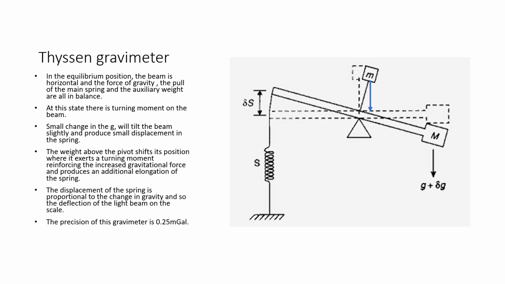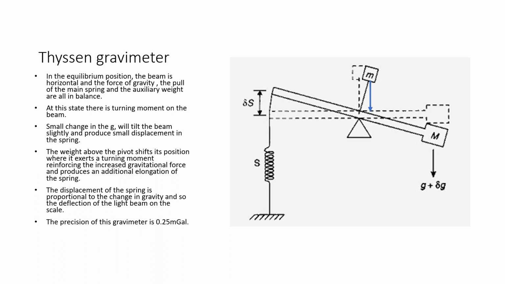As soon as the displacement is in the spring, and this displacement is also shown by the beam itself, the auxiliary mass shifts, and it then starts to exert a turning movement, a rotating movement, in the same direction as the gravity change. Here the turning movement is represented by the blue arrow from the auxiliary mass. So it is acting in the same direction as the change in gravity.